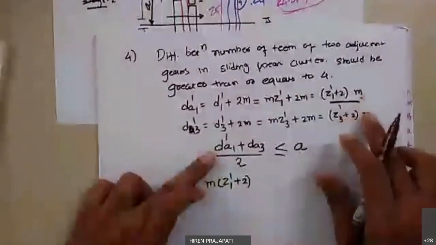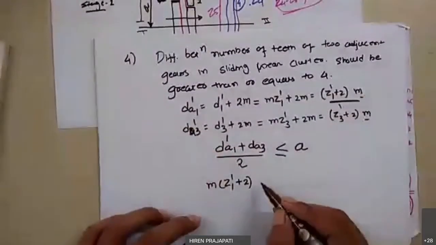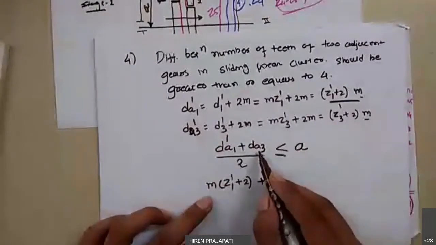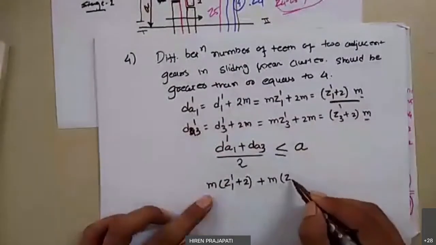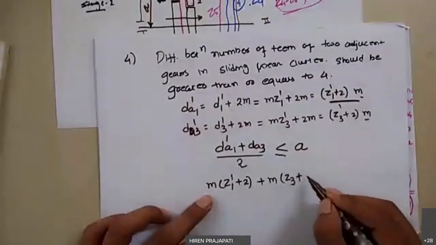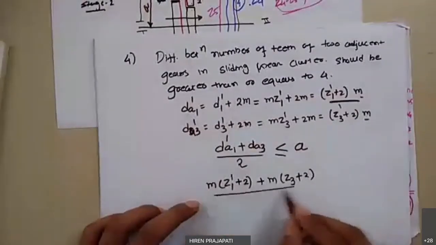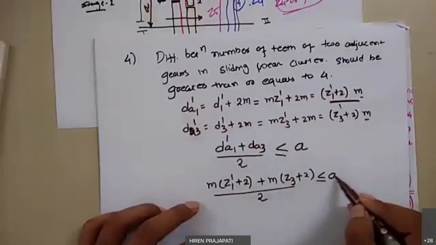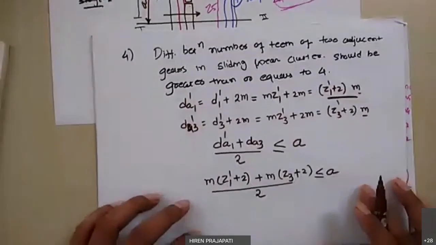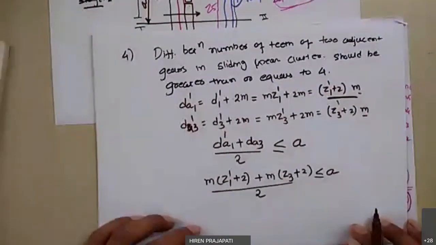So we assume the same module here. Now plus, for this BA3, what will be the equation? m times z3 plus 2, divided by 2, less than or equal to A, right?